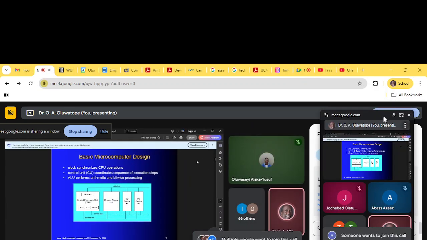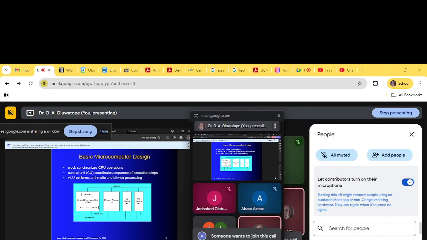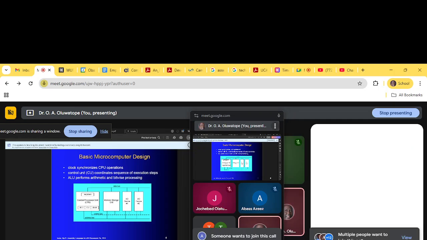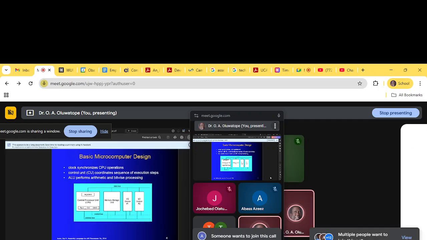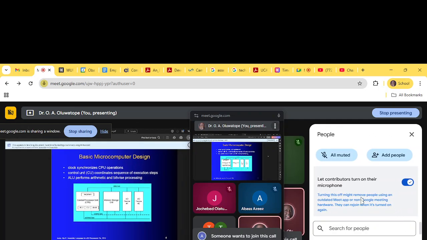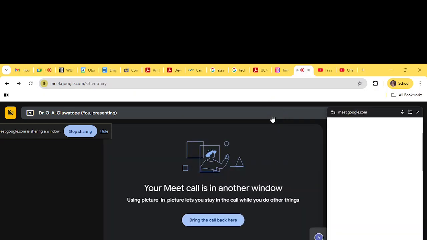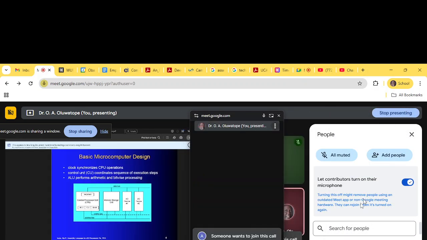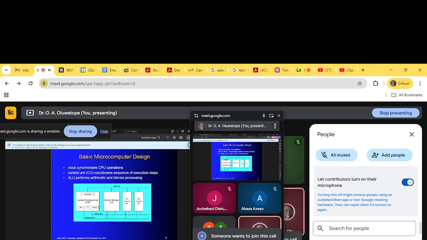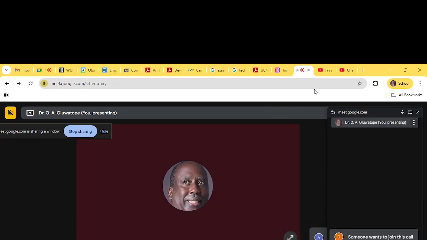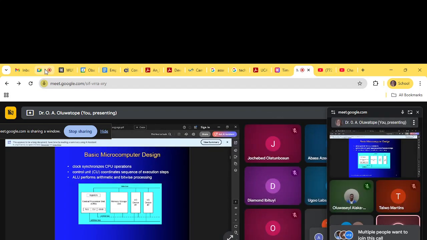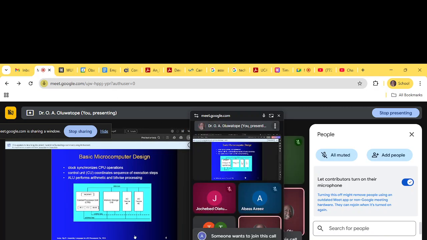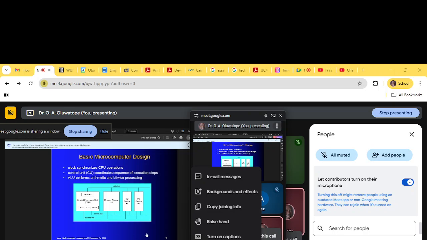So you can see that the three infrastructures play a major role, and they all operate synchronously because of the clocking system. The clock is able to synchronize. The clock instructs when an action should be taken and when an activity shouldn't be taken.